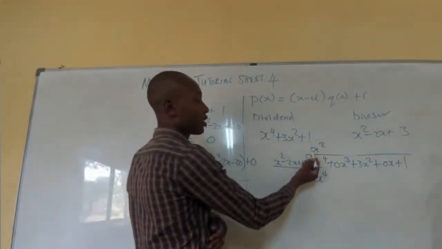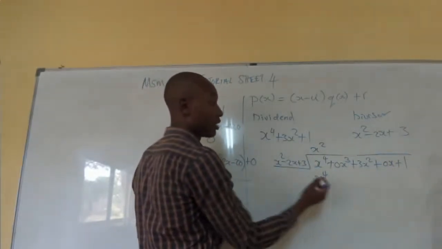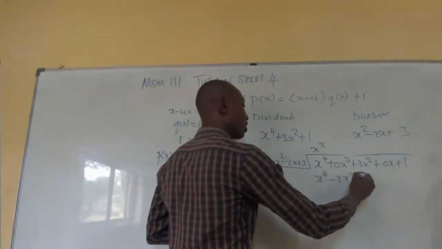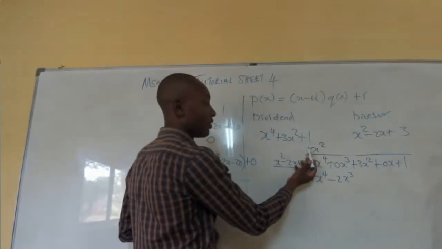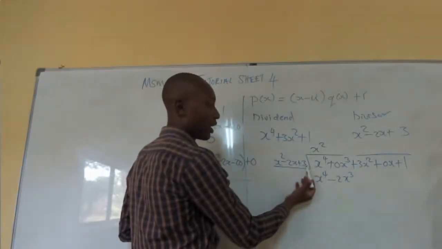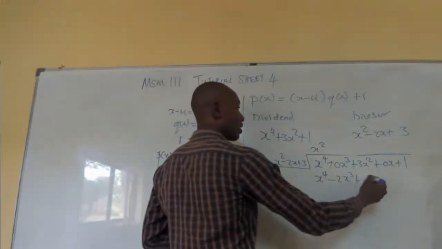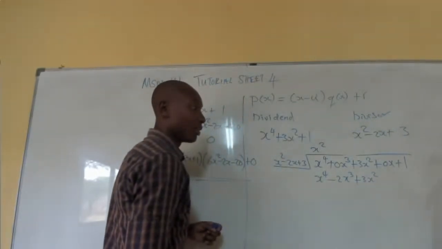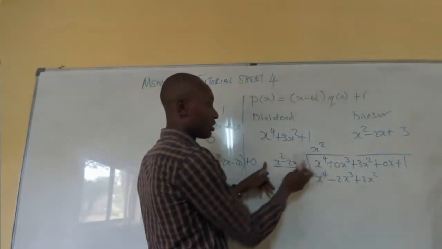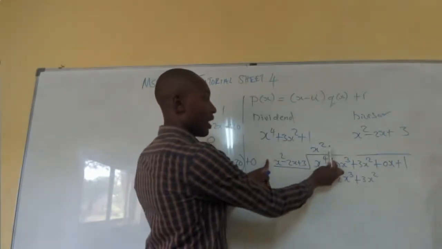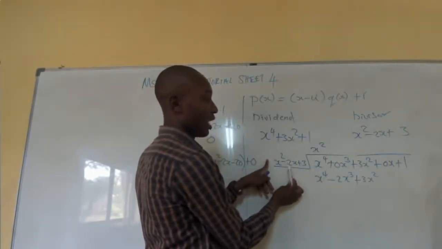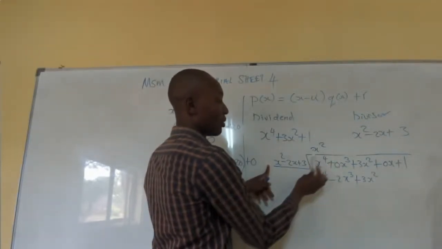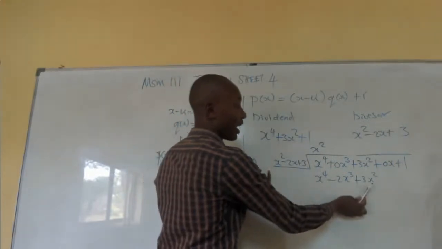Next, x squared times negative 2x is negative 2x to the power 3. Next, x squared multiplied by 3 gives plus 3x squared. So as I was saying, x squared multiplied by negative 2x is negative 2x to the power 3, and x squared multiplied by 3 is 3x squared.